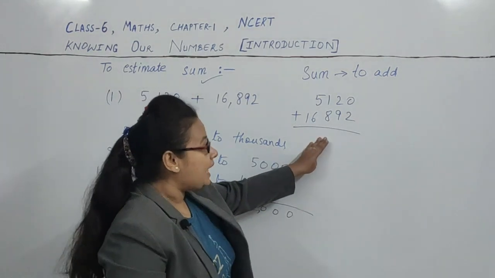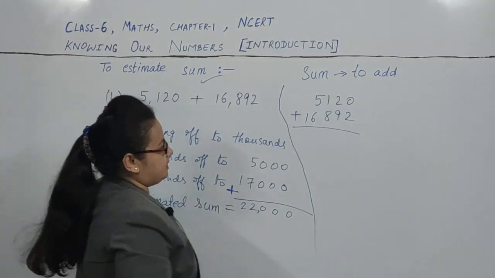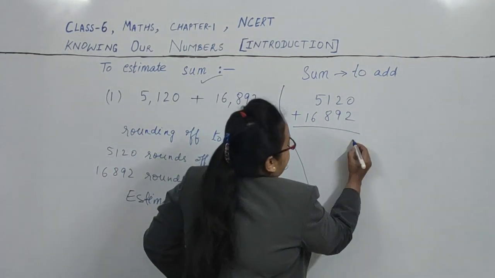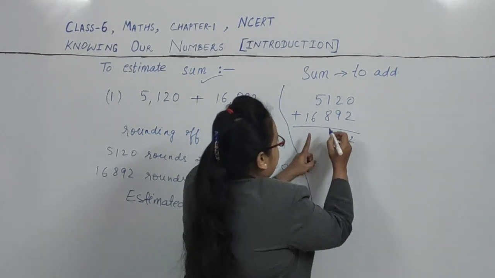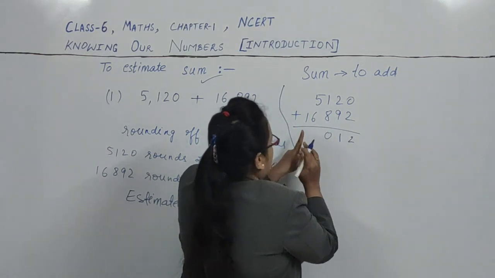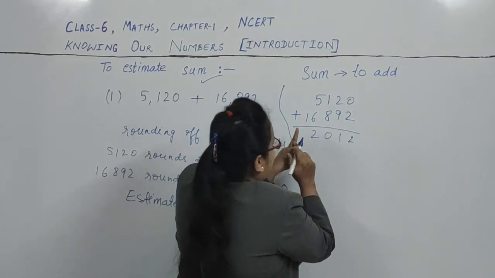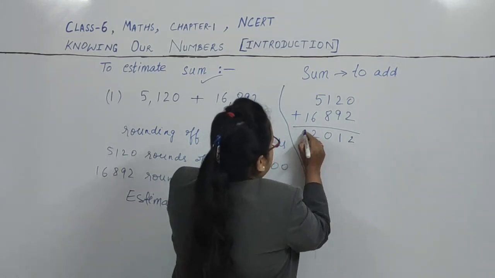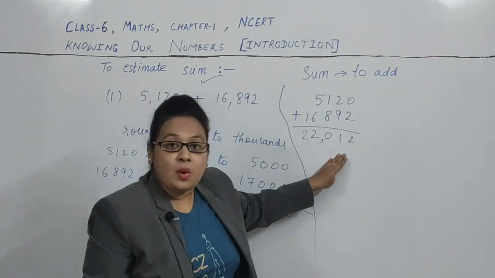Now let us find the actual sum. What is the actual sum of these two numbers? 0 plus 2 is 2, 2 plus 9 is 11, 1 carry, 1 plus 8 is 9, 9 plus 1 is 10, 1 carry, 5 plus 6 is 11, 11 plus 1 is 12, 1 carry, and this 1 plus 1 is 2. So this is 22,012.